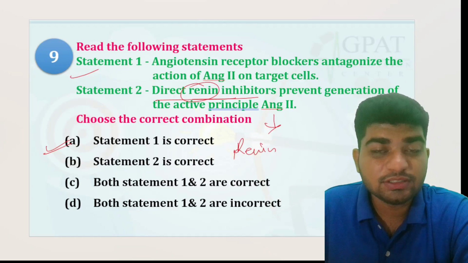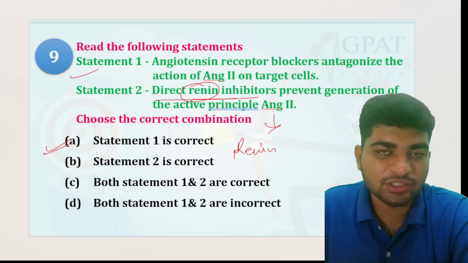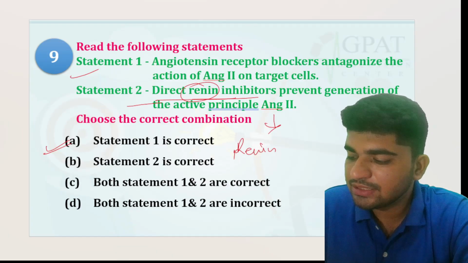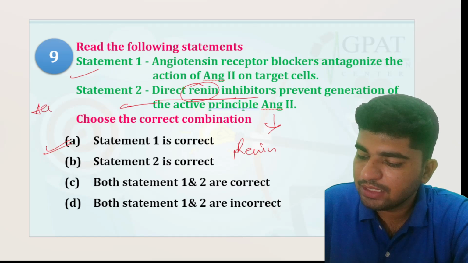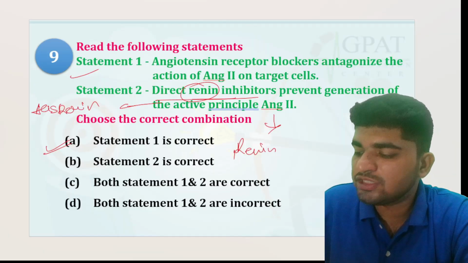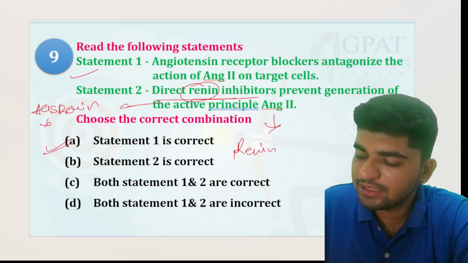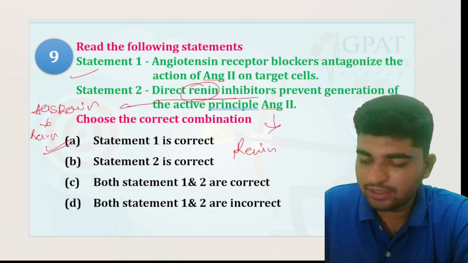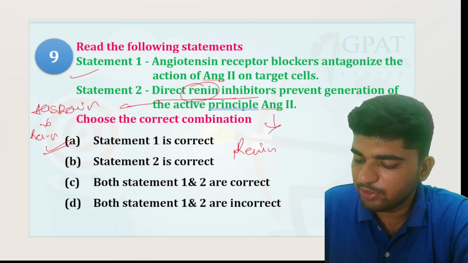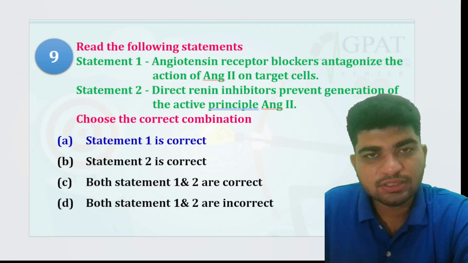Whereas aliskiren, the direct renin inhibitor, is not inhibiting the generation of angiotensin 2 but the action of renin. So statement 1 would be very much right.